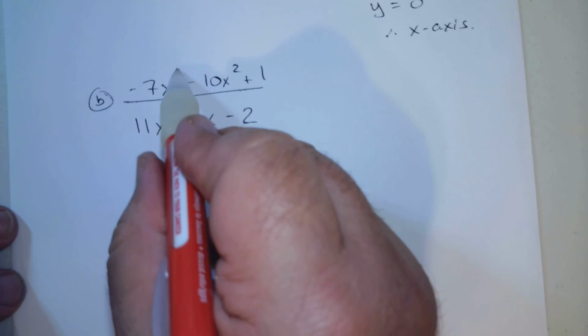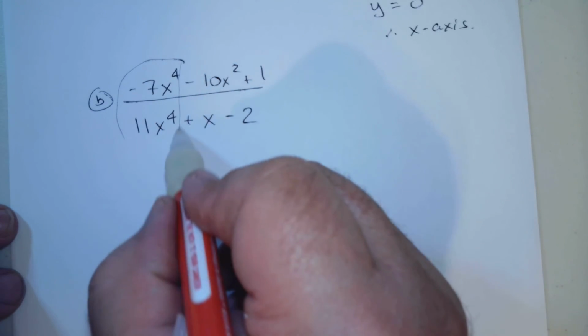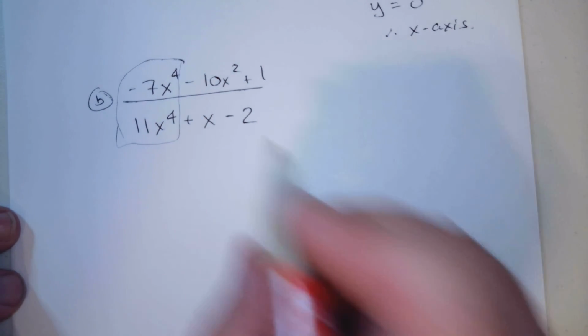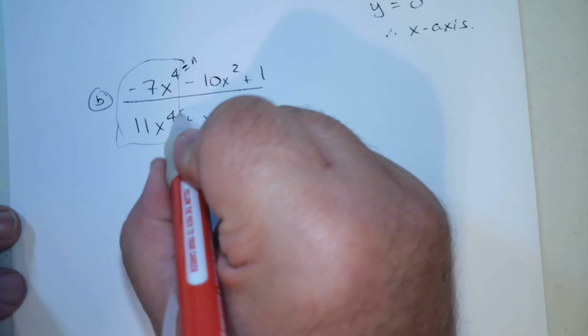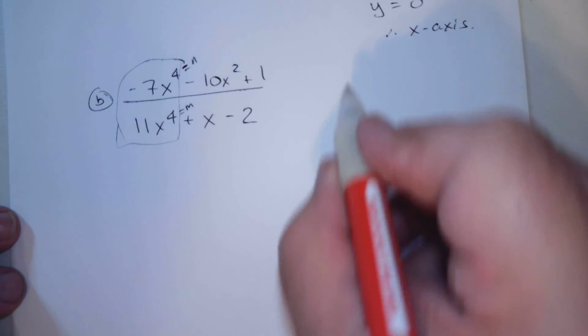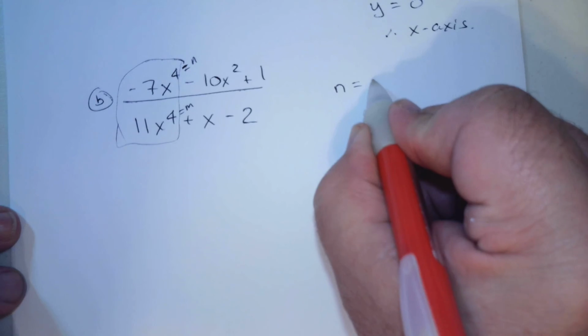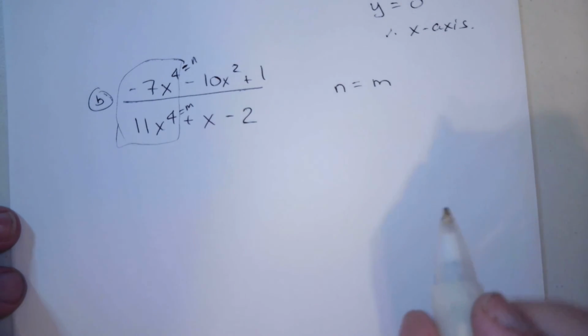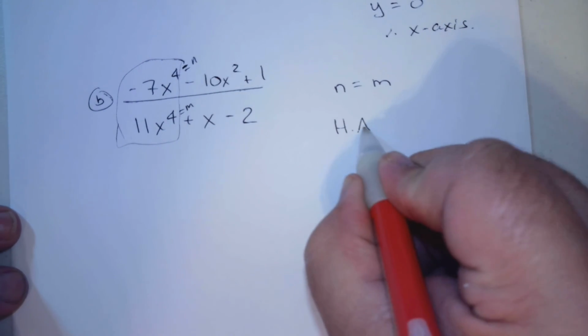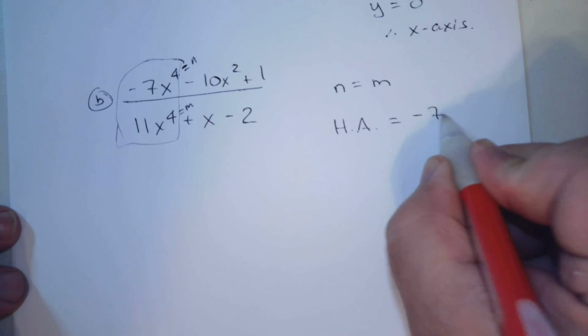Remember, we only look at the leading terms, so we're only paying attention to this. This is n, this is m. Since n equals m, the horizontal asymptote is simply the coefficients.